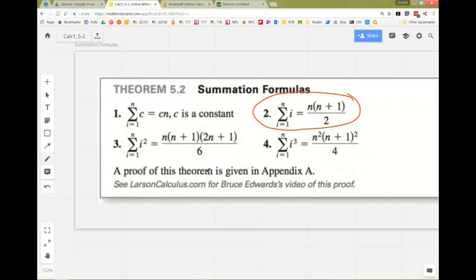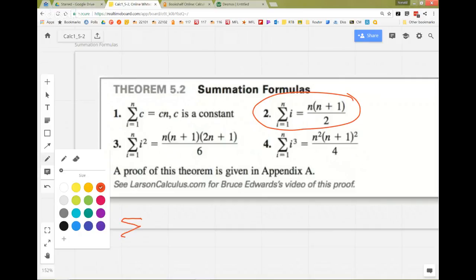For example, what if I asked you on a quiz to do this sum?